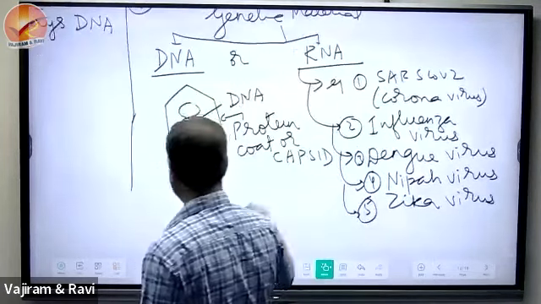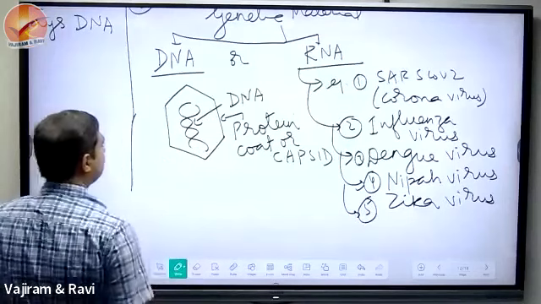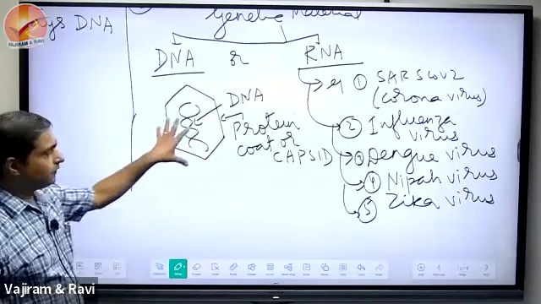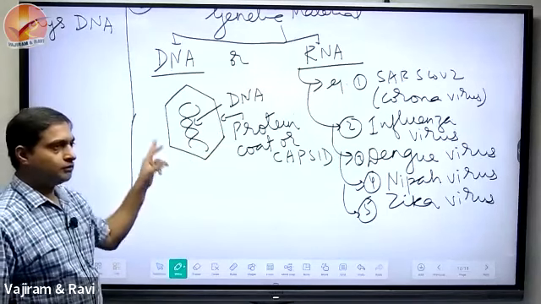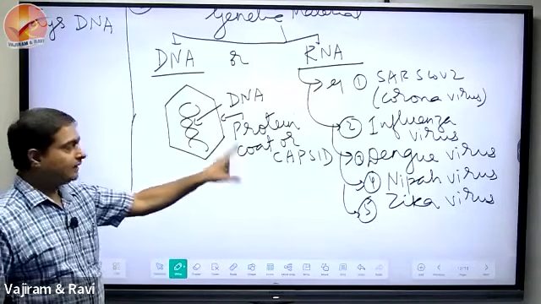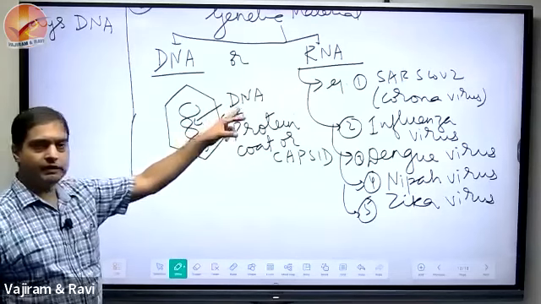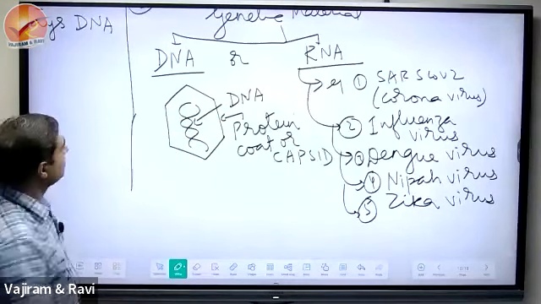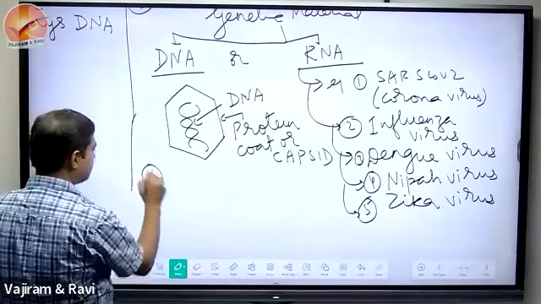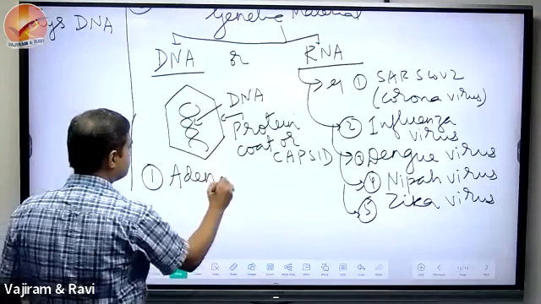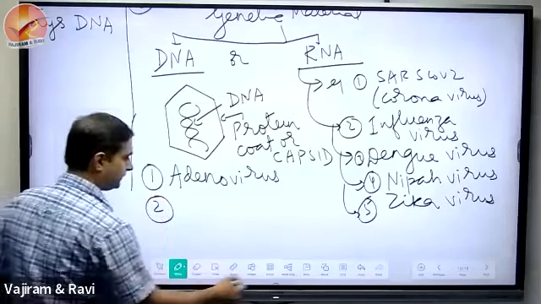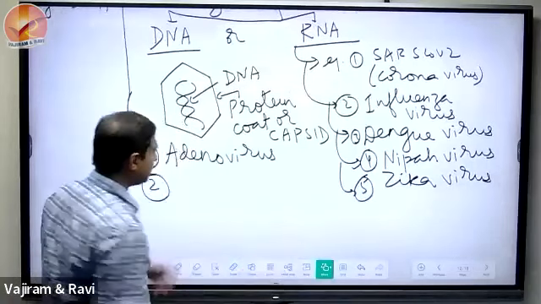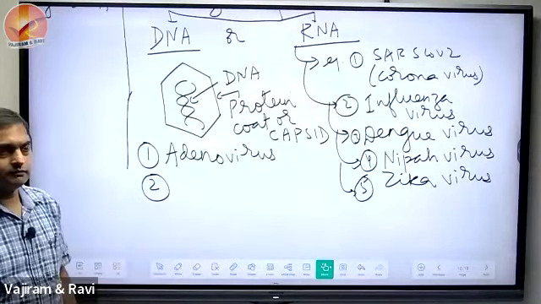Now for DNA virus example, you can write DNA virus. You can see a typical virus structure for a DNA virus. So protein coat called capsid, and this capsid is protecting what? Genetic material DNA of the virus. So first example, adenovirus. Second example, can you tell me other examples of DNA virus?